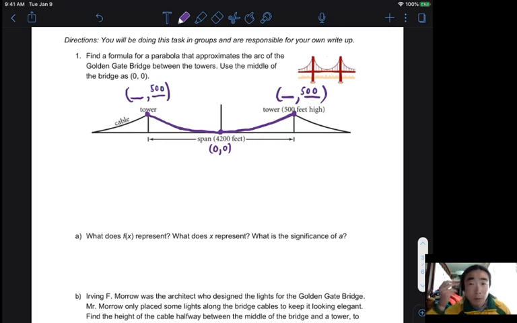Anyone have some clues on the x coordinates? Good, thank you, person in blue. How did you get negative 2100, and purple, how did you get negative 2100?